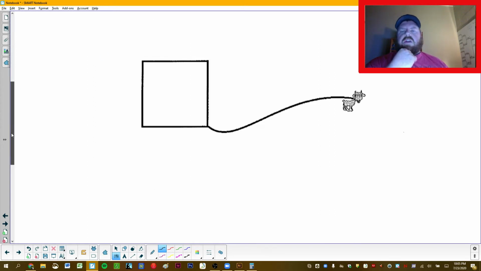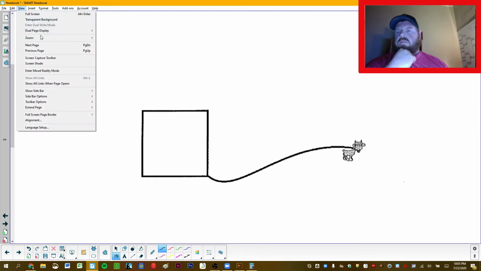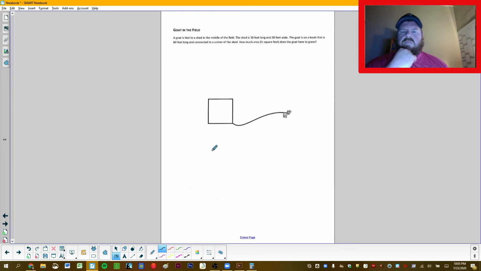And what we talked about in class was there is an issue. Let me get the entire page in here. There does become an issue of where the goat can go. I'm going to try to make sure that my circle is as close to that 60-foot mark as I can.